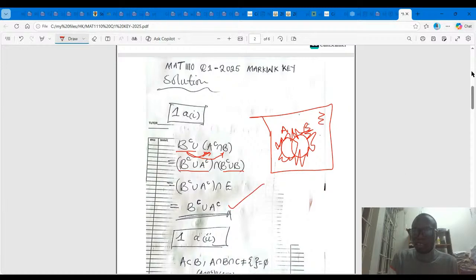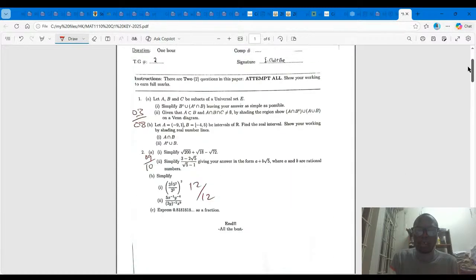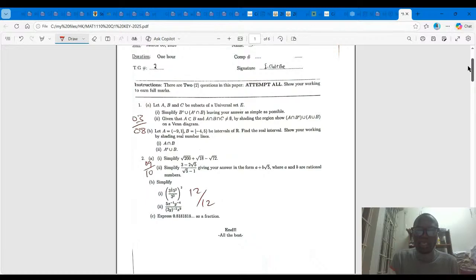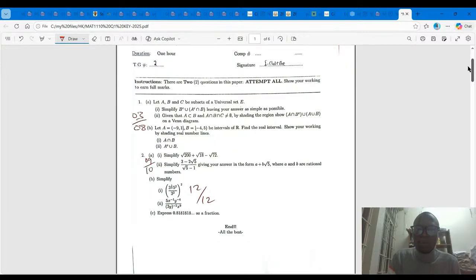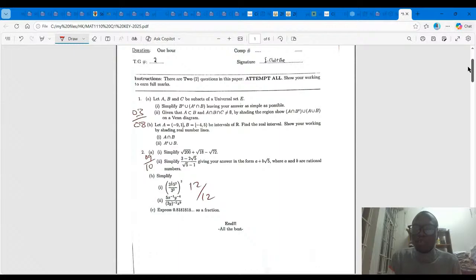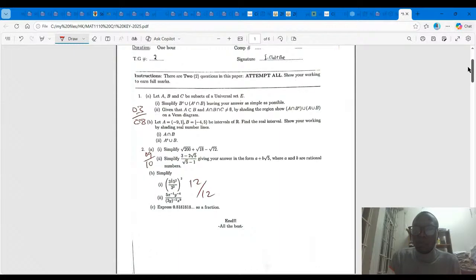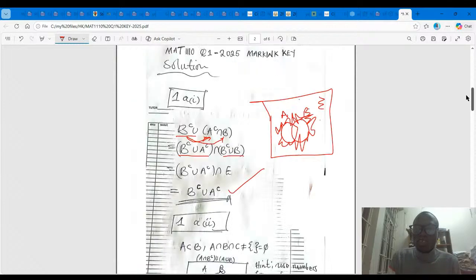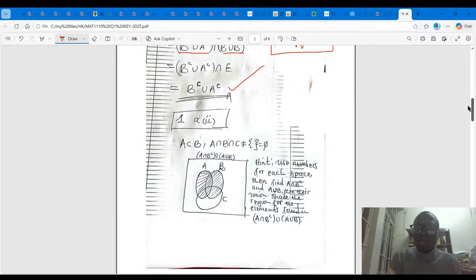Next question says, given A is in B and A intersection B intersection C is non-empty, we shade the region A intersection B complement union A union B. So now here is the one point that we have to be clear about.